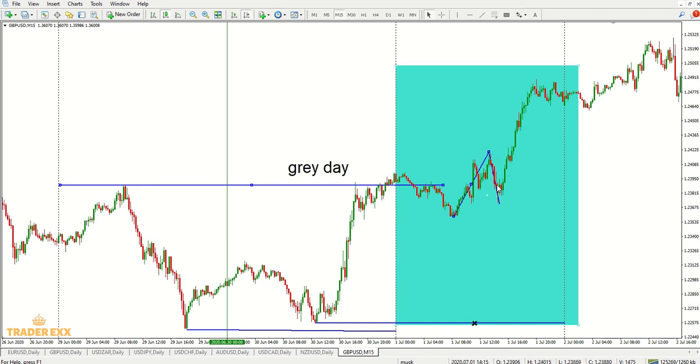Now, when this happens, or when this price structure break, let's just put it at that, when this price structure break in the direction that the gray day suggested, that's the only time that I'm going to be jumping in. For instance, right here, we can clearly see that that's price structure right there. Now remember, the 15-minute chart or any smaller time frame has its own price structure, so you need to follow that.